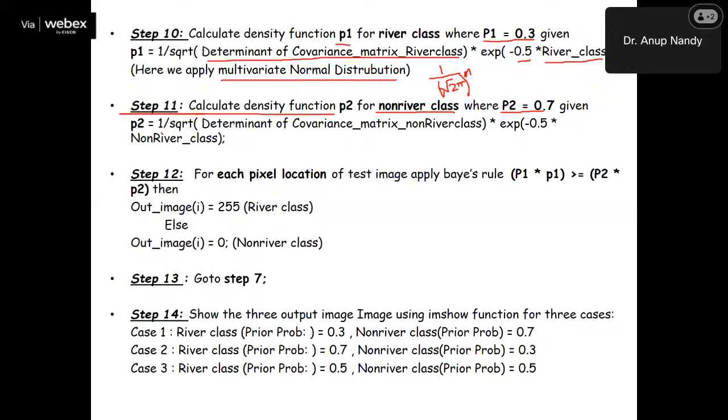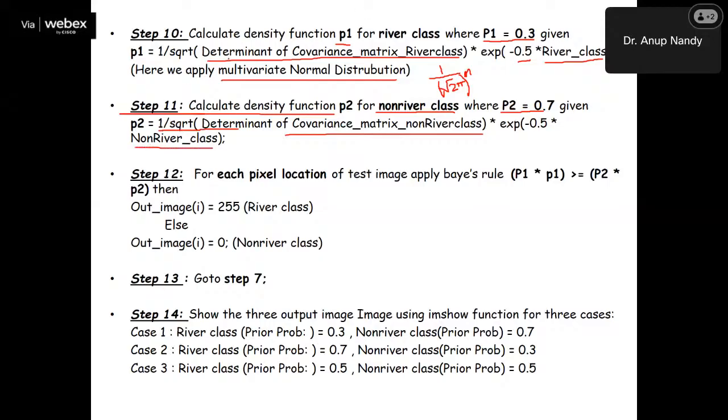Now you have to calculate this density function for the non-river class. The 1 by root over 2 pi to the power m is a constant term and will be cancelled out for the river class and the non-river class. 1 by square root of determinant of covariance matrix, that is determinant of sigma to the half, means square root of these things, and exp of minus 0.5 into non-river class.